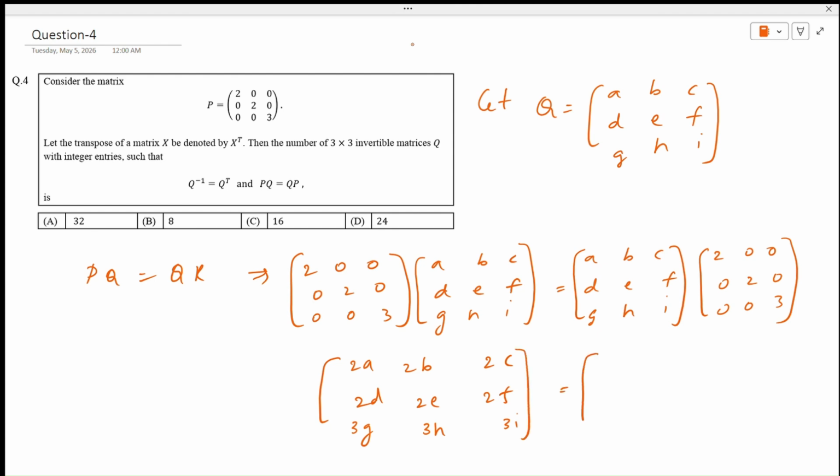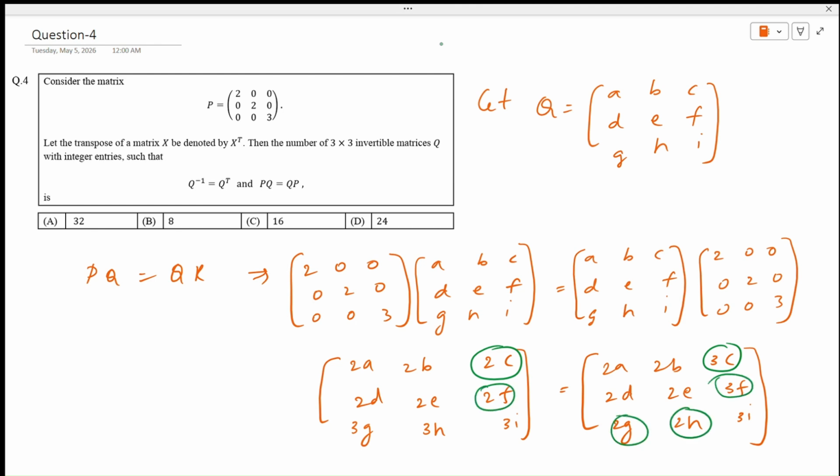And here we'll get 2A, 2B, 3C, 2D, 2E, 3F, 2G, 2H, 3I. By comparing these two matrices, we can conclude that C is equal to 0, since 2C equals 3C. Similarly F, and then H and G are also equal to 0.